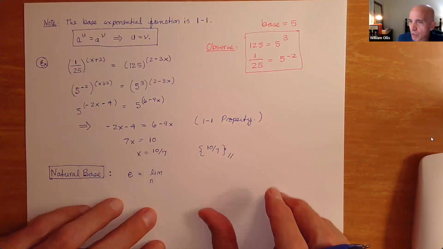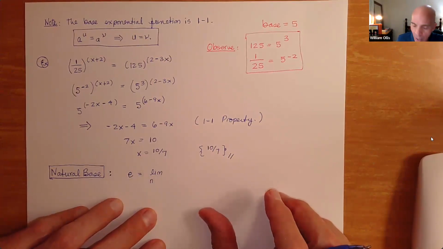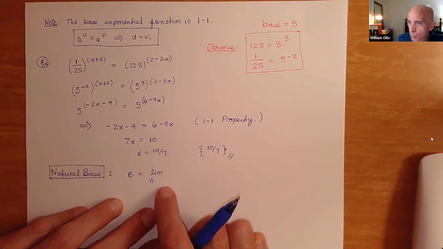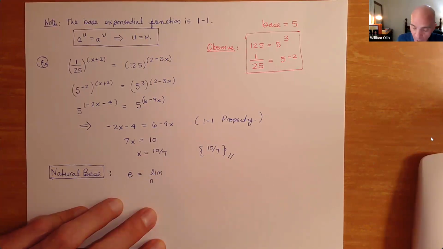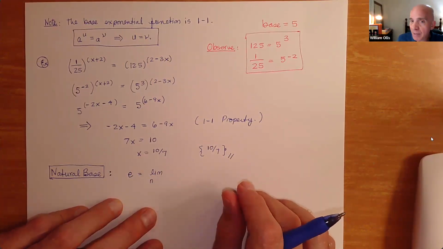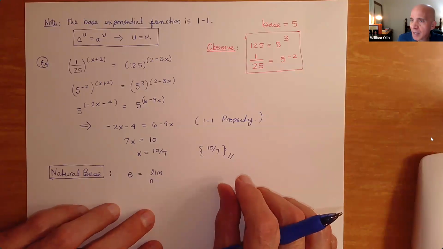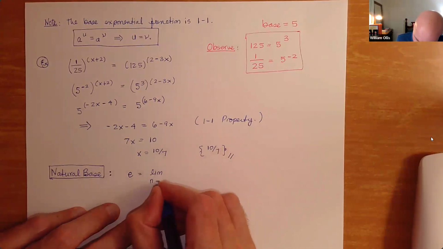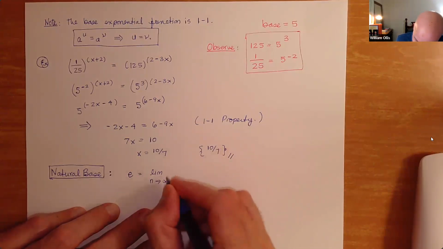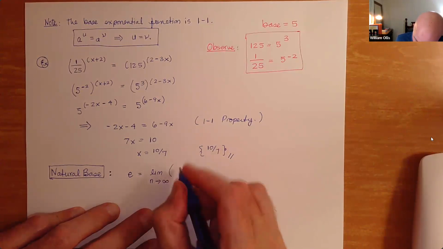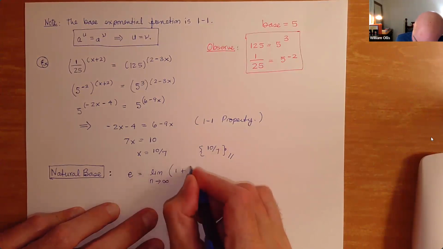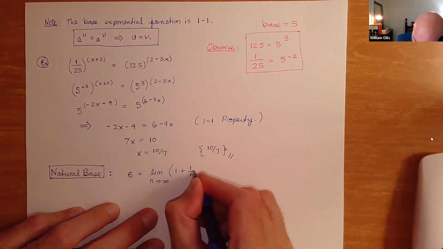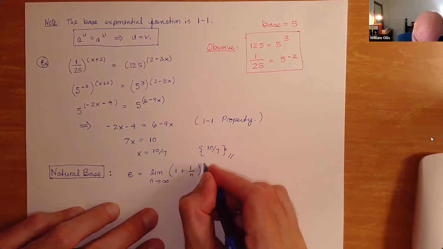I'll use n because when we actually do compound interest, we'll use n for the number of interest levyings that we will have during the year. So maybe we'll stick with that. So we have n passing to infinity of 1 plus 1 over n raised to the n. Of course, you can use an x in the place of n if you like.